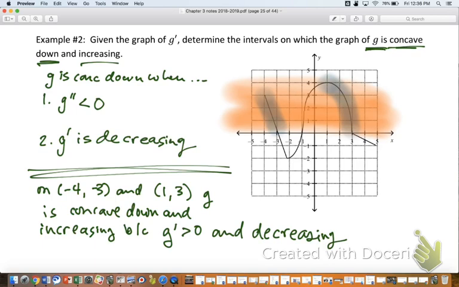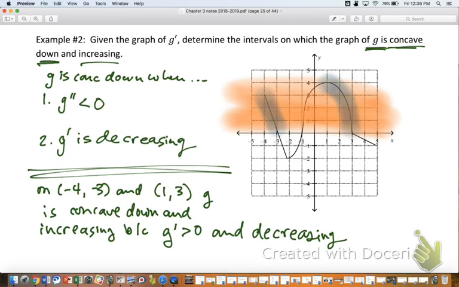I'll draw you a graph of G. So if this is a graph of G, concave up and increasing. Wherever, it doesn't matter. This, in black, G would be concave down and increasing, barely at the end.